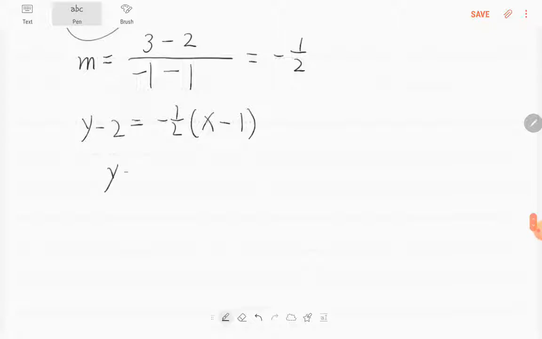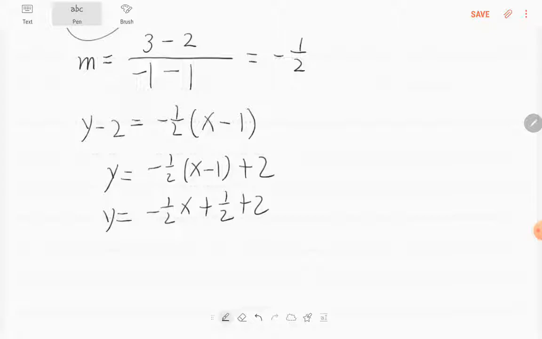So y equals, we add 2 on both sides. So first, negative 1/2 x minus 1 plus 2, right? You can continue to simplify. It's negative 1/2 x plus 1/2 plus 2, right? So y equals negative 1/2 x plus 5 over 2.